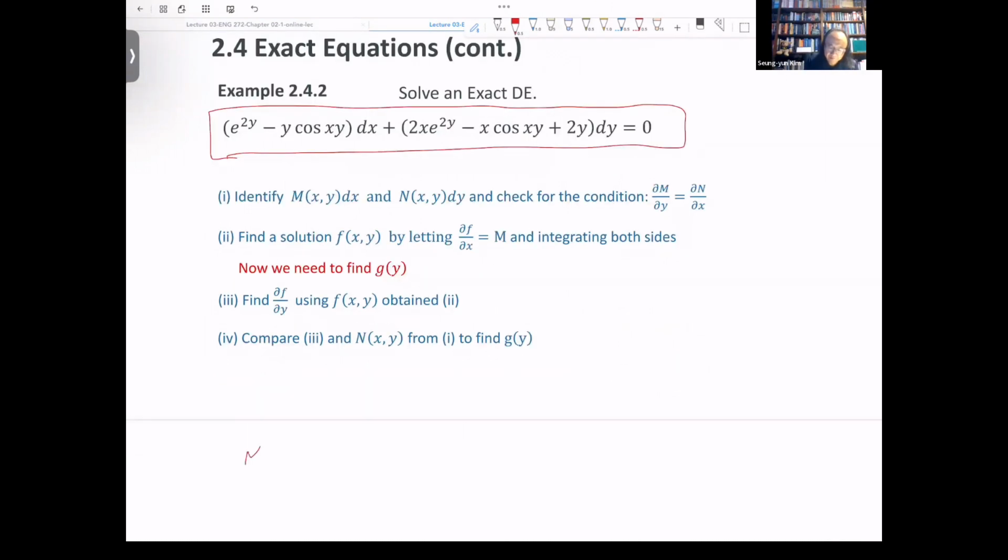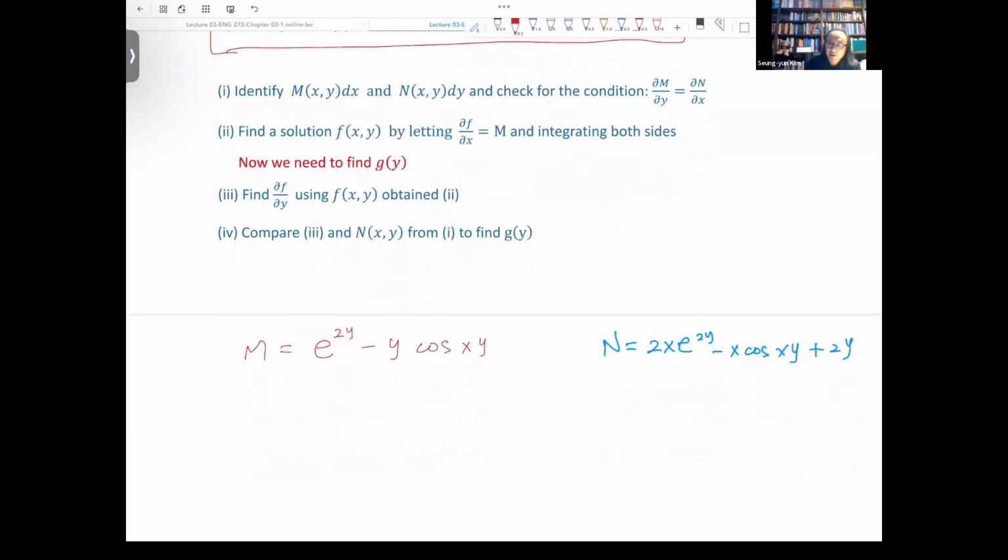So we have m equals e to the 2y minus y cosine xy. And we have n equals 2x e to the 2y minus x cosine xy plus 2y. So for m, it's with respect to y. So remember, it's m_y, right?